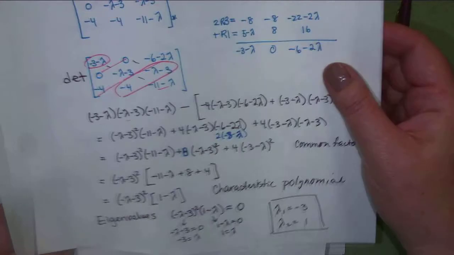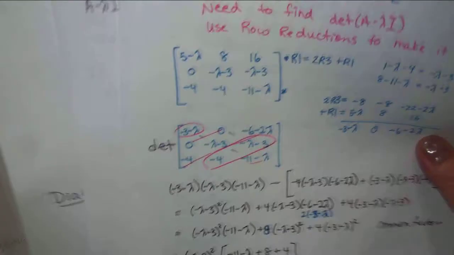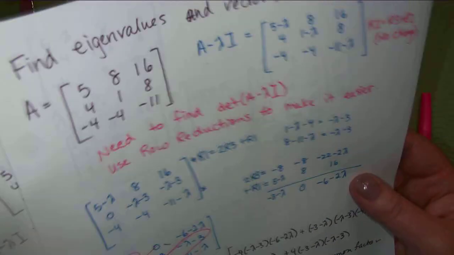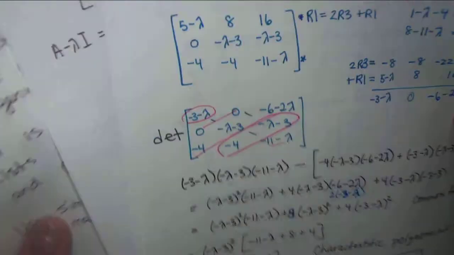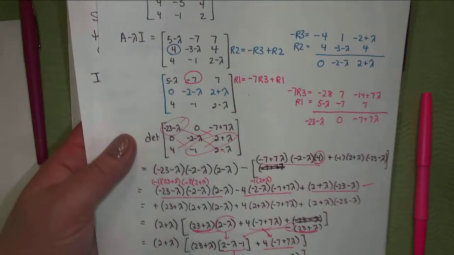Now, what about the other example that I did on my own, that big long one? We didn't go through and find the vectors, but here it is, the 3 by 3.